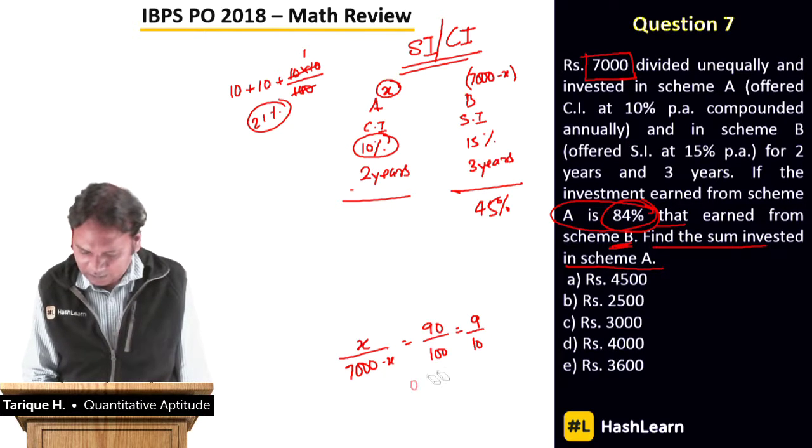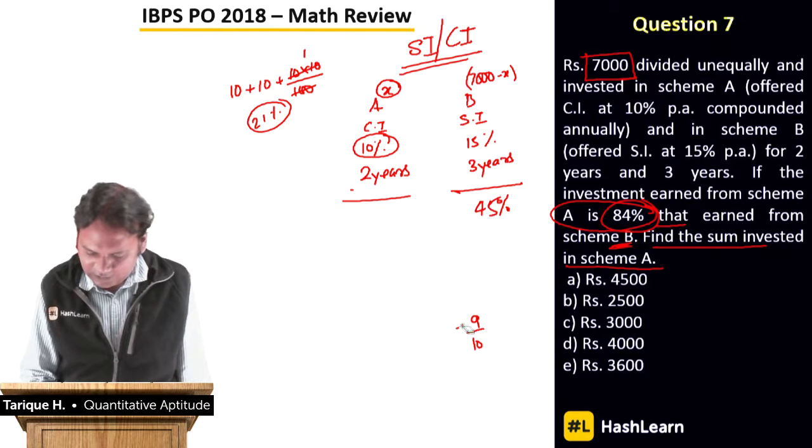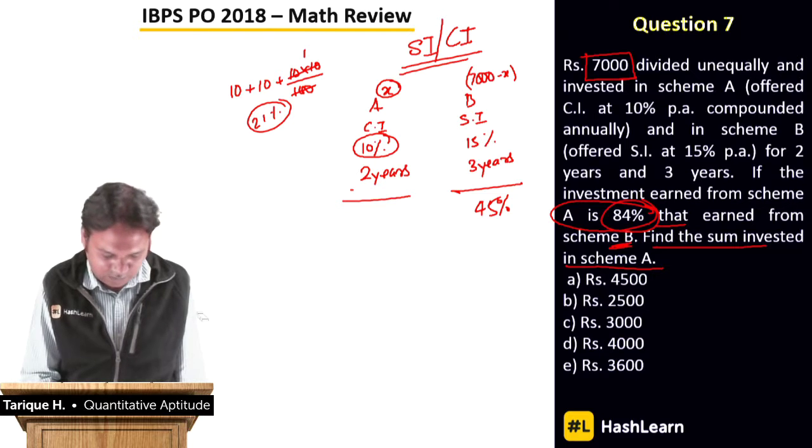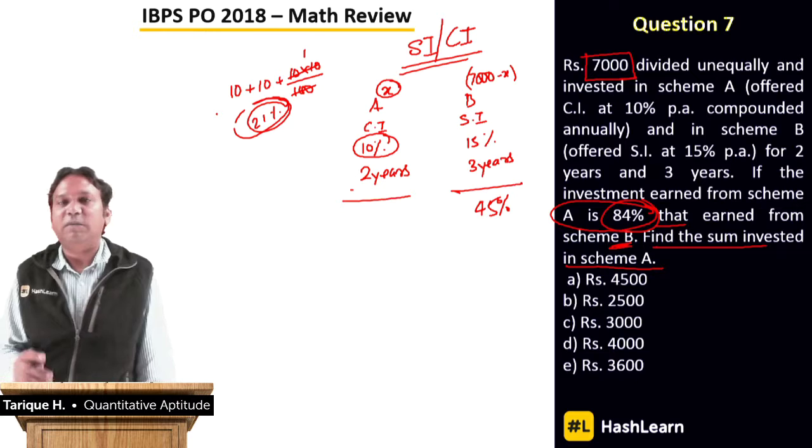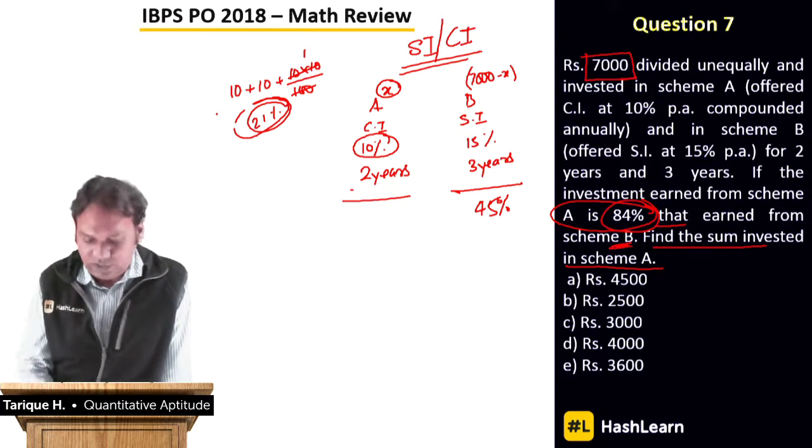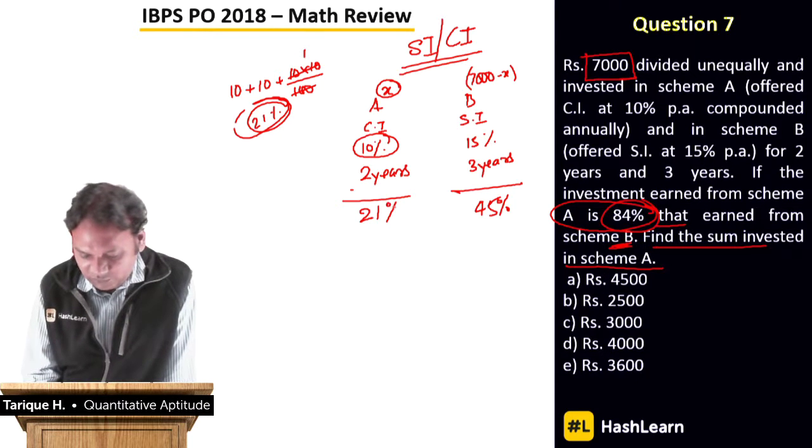Once we know that 10 and 10 is 20, when I calculated this 21%, that was basically a combined interest for 2 years. So this is 21%, not 42%.